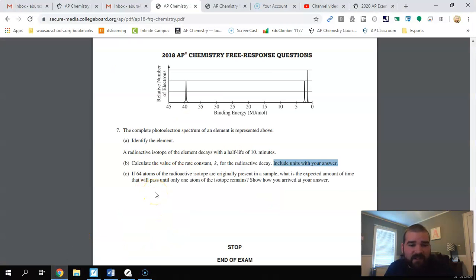Part C, if 64 atoms of the radioactive isotope are originally present in a sample, what is the expected amount of time that will pass until only 1 atom of the isotope remains? Show how you arrived at your answer. So we're going from 64 down to 1. There's an easy way to do this and a more complicated way to do this, but they both work, and I'll show you both. 64 to get to 1 is going to be 6 half-lives.